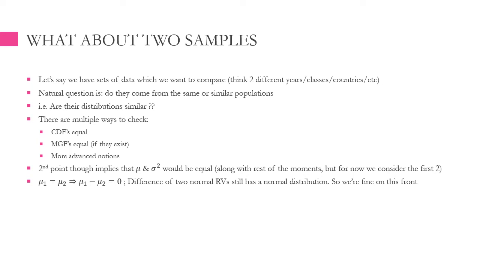I'm going to talk about the difference of two normals, because we're assuming that our data is normally distributed, and also the sampling distribution for our estimate of the population mean, which is the sample mean, is technically a normal distribution.